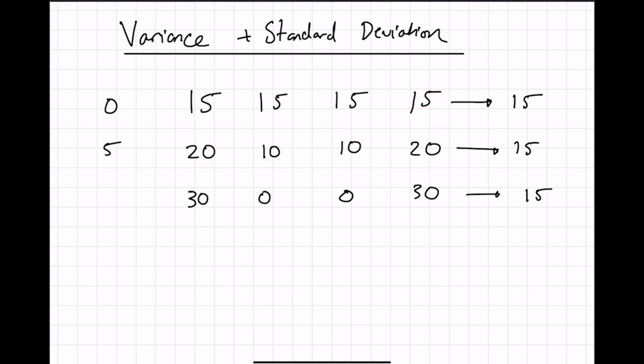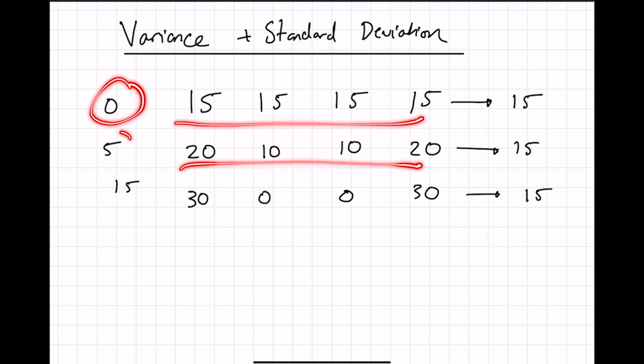So what the variance is trying to tell you is how far away your numbers are from your mean. I've just made these numbers up, but the higher your variance number, let's say like 15, the more spread out your data is from the mean. So here you can see they're not very spread out from the mean. That's why the variance is 0. Here it's a little bit more spread out, so my variance is 5.